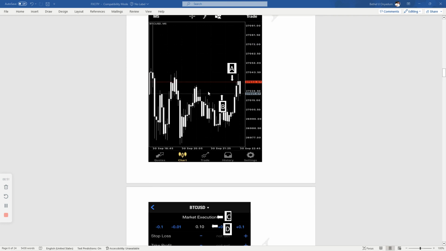This spread is this size because the market conditions are good. This is a 5 minute chart. If there is high impact news that causes volatility, this offer price might be up here. It will never be here. It might be up here or maybe even up here, because this is a smaller time frame.